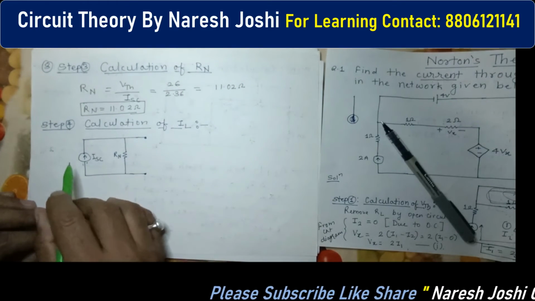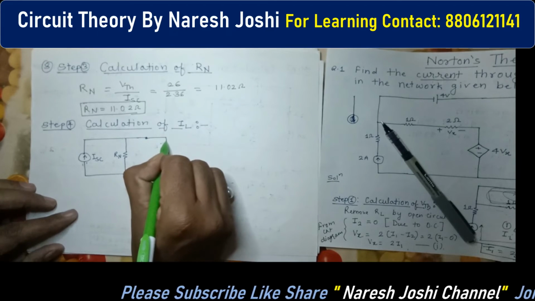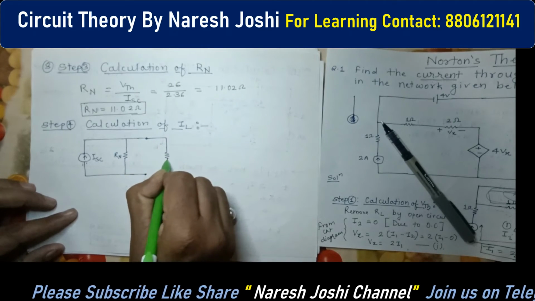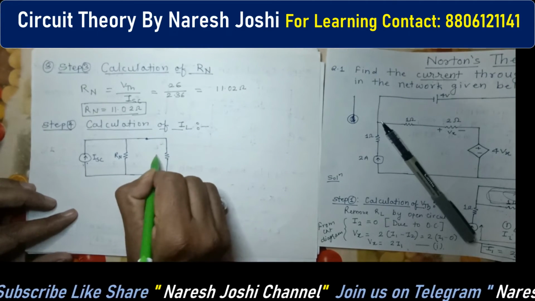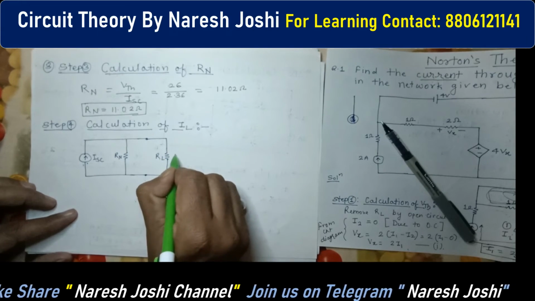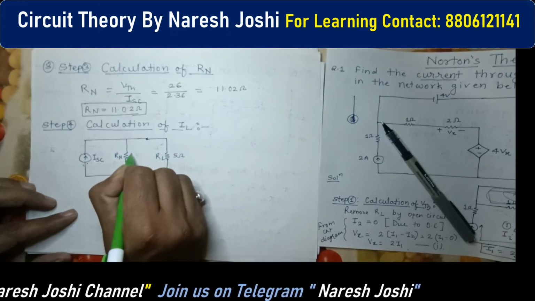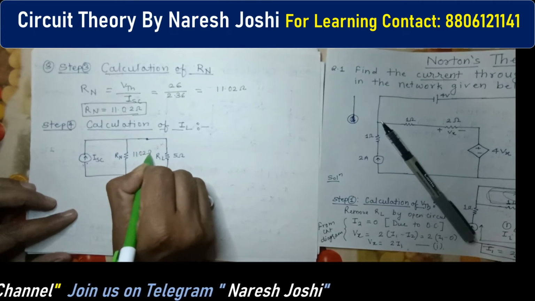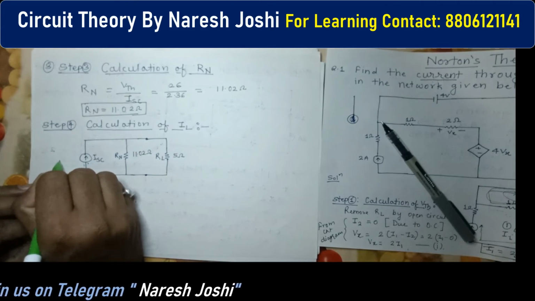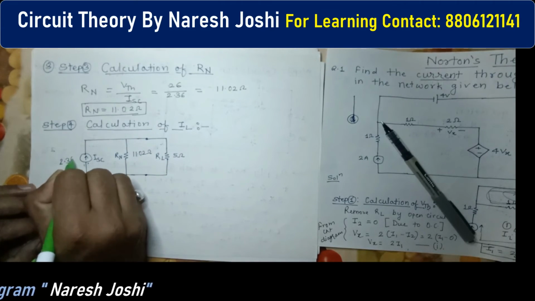Now we have to connect our load resistance again, that is RL, and the value is 5 ohm. We have calculated Rn equals 11.02 ohm, and ISC we have calculated as 2.36 ampere.